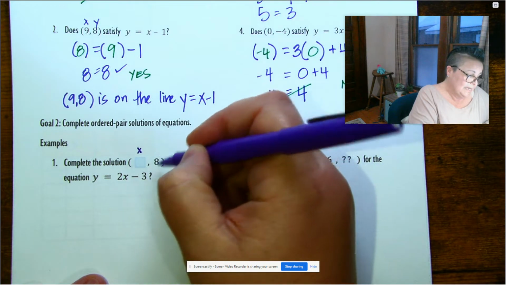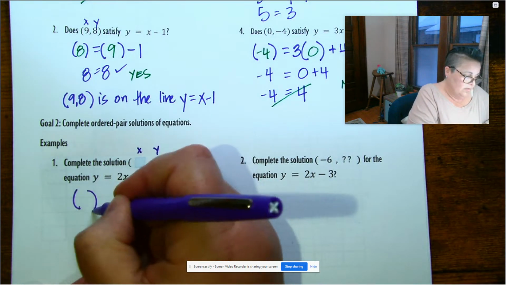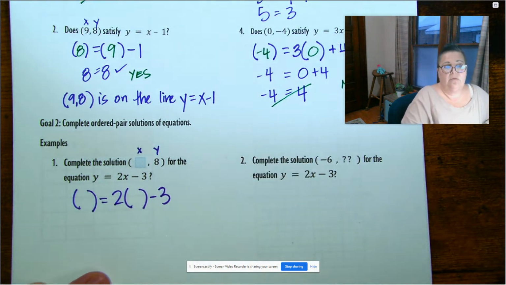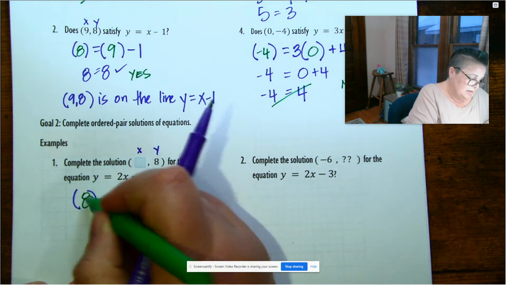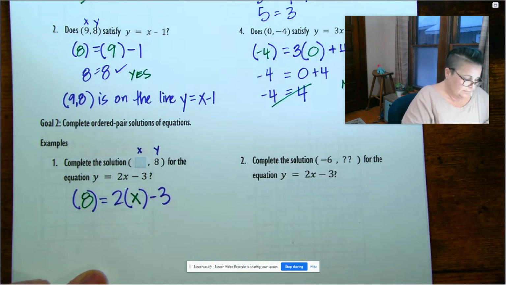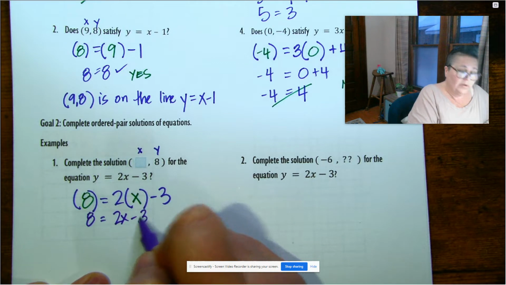That's why it's blank. And 8 is our y value. So our y value is this 8. Our x value we did not know, so I'm going to put an x in there. This gives us 8 is 2x minus 3.